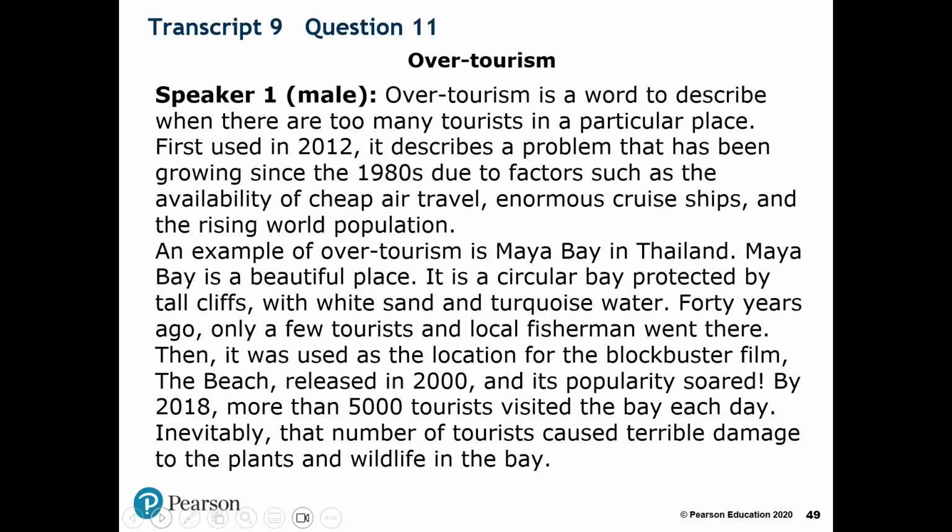And we see all sorts of things as we scan through: blockbuster film, and soared. You know, the popularity soared. So the verb to soar means to grow, to increase rapidly. But that's quite a difficult word. So for this as well, as we're training them, we might want students to try to deduce the meaning of words that they haven't come across.